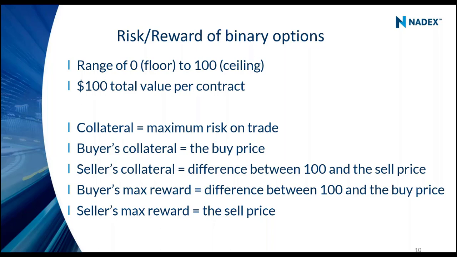It's going to cost you $25. Now, you're risking $25. If it becomes true, it goes to $100. So you'd be risking $25 to potentially make $75. Right? You're getting 3 to 1 on your money.